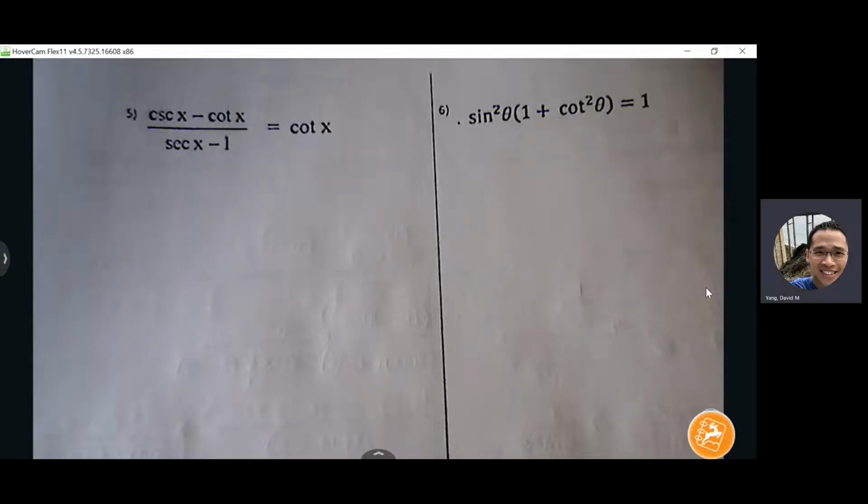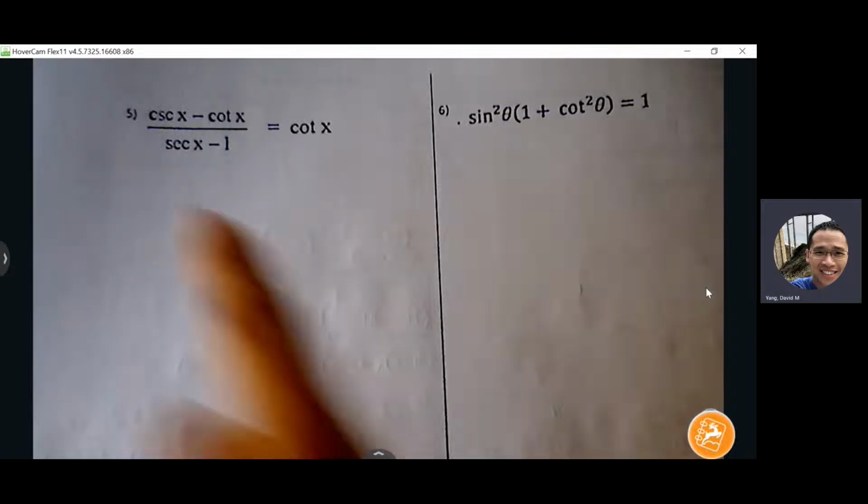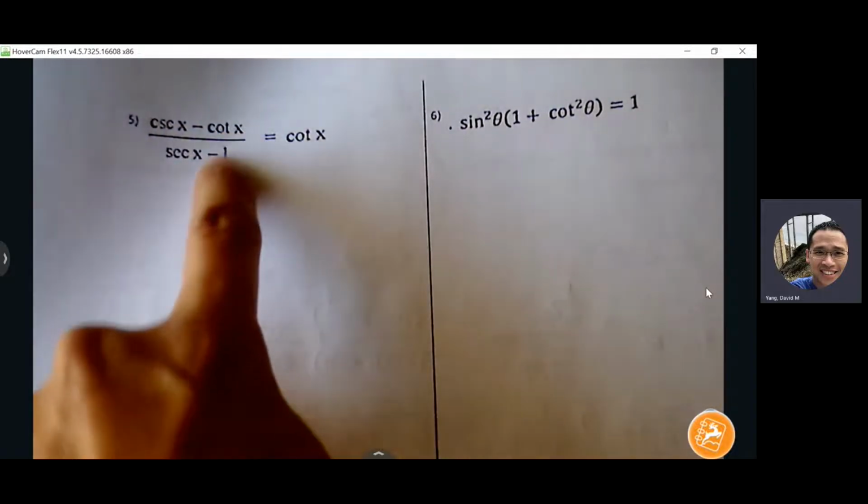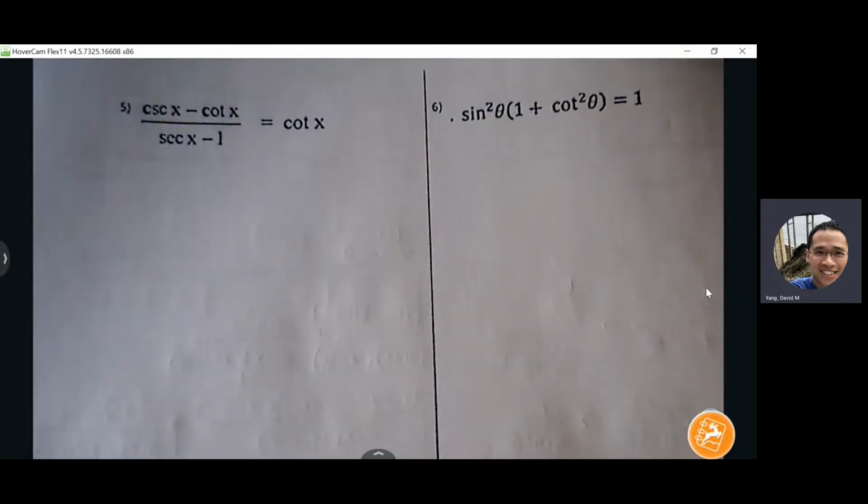Okay, so number 5, maybe a way that we can do this. Let's see, any ideas? Split into fractions. Yeah, but there's 2 terms here. I don't know if that's going to help us. But yes, I mean, we could split into fractions, but the fact that there's 2 terms below, it's going to make it kind of messy for us to do anything with it.